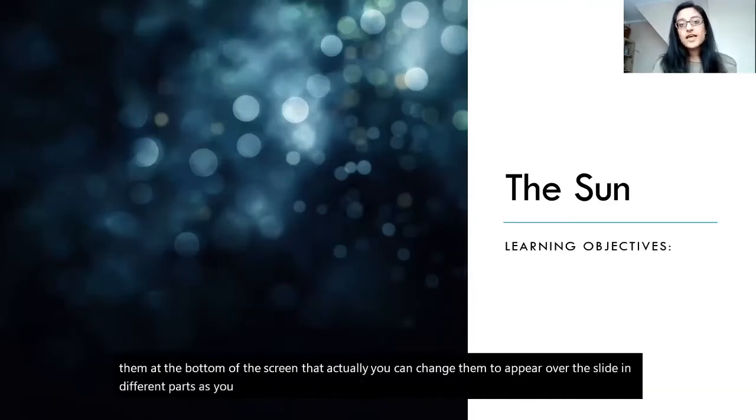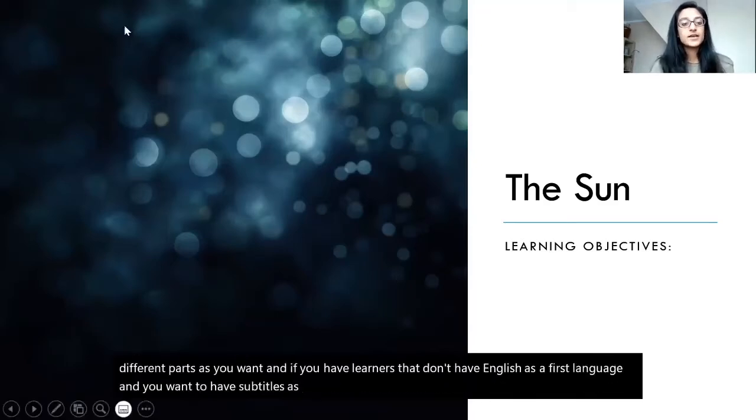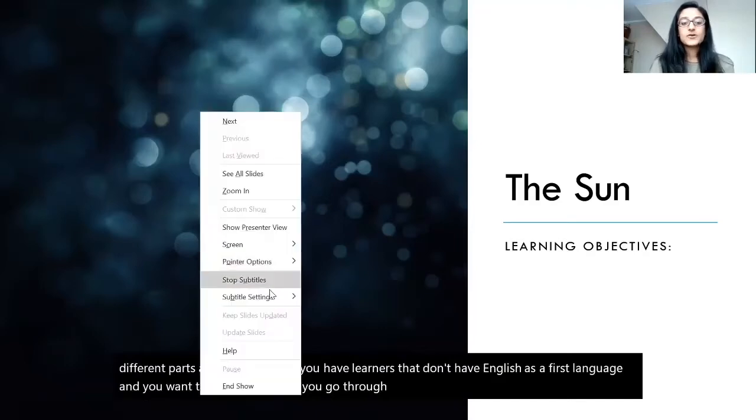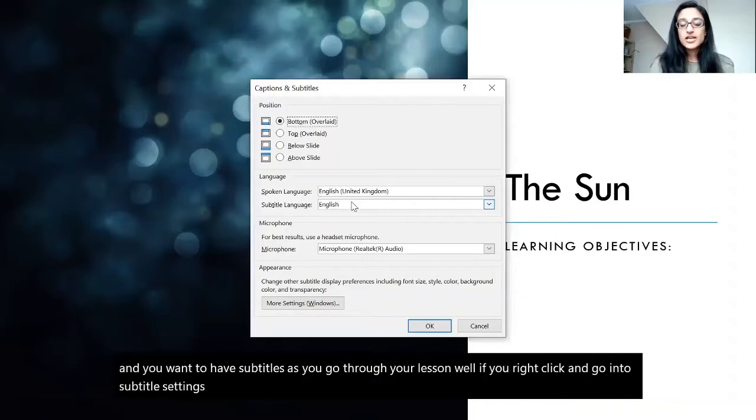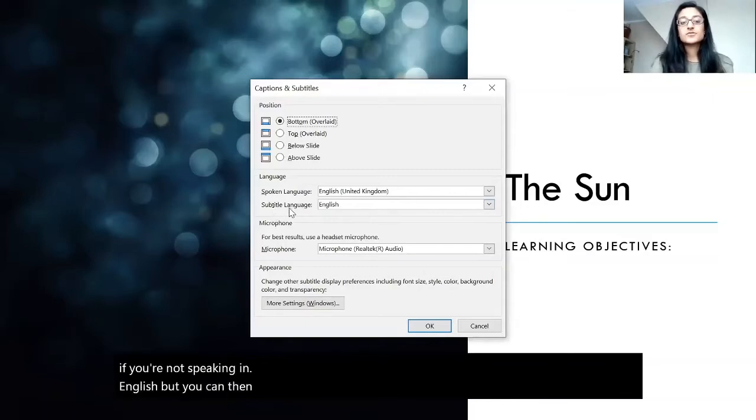And if you have learners that don't have English as a first language and you want to have subtitles as you go through your lesson, well, if you right-click and go into subtitle settings and more settings, you can actually change the spoken language. So if you're not speaking in English, but you can then also change the output of your subtitles and the language that appears in.